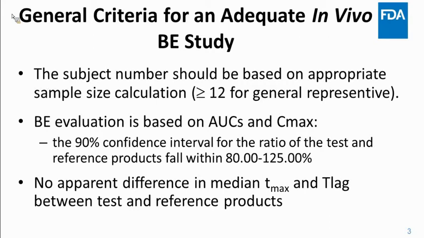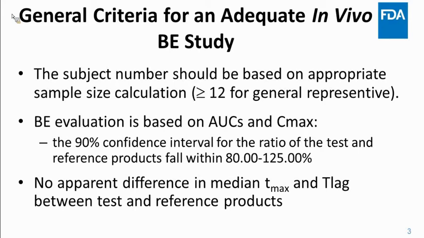A minimum of 12 subjects should be included in any study to provide an appropriate representative for general populations. For both single dose and the steady state studies, a 90% confidence interval for C maxima and AUC should meet 80 to 125% criteria.